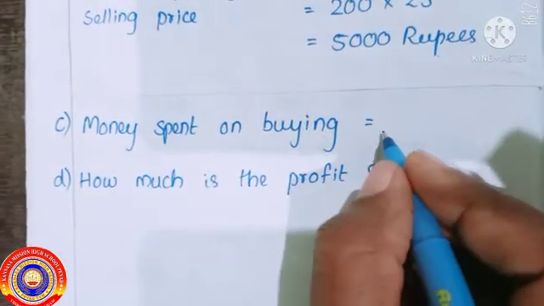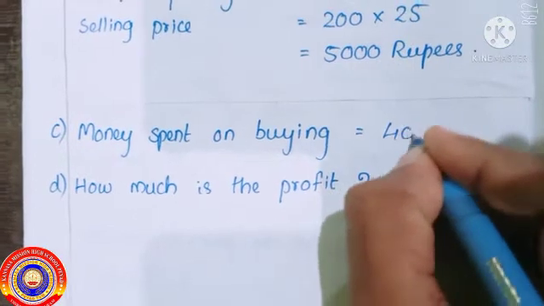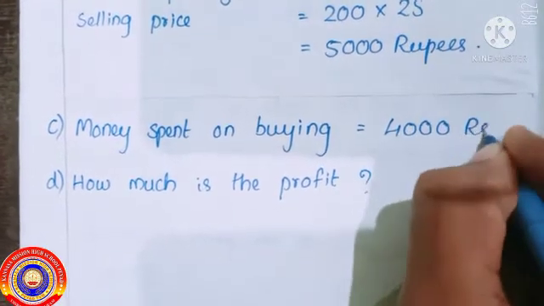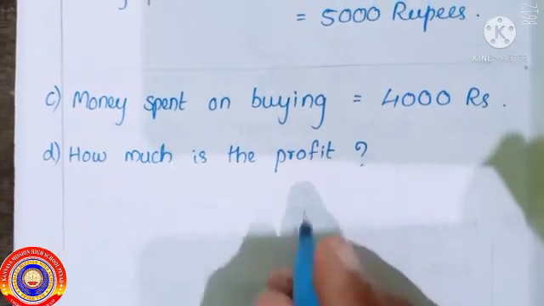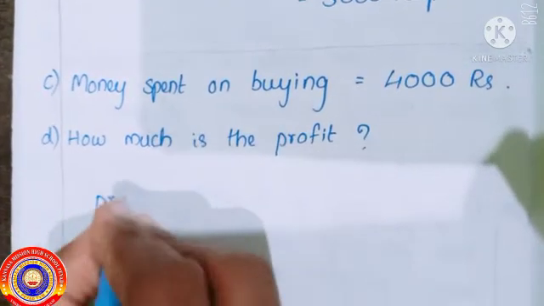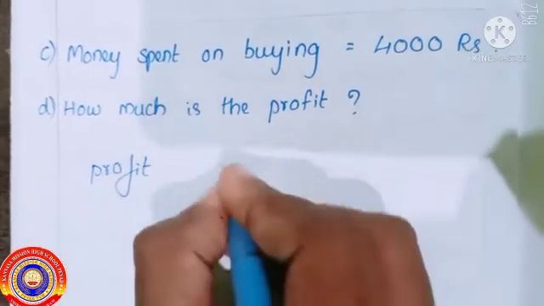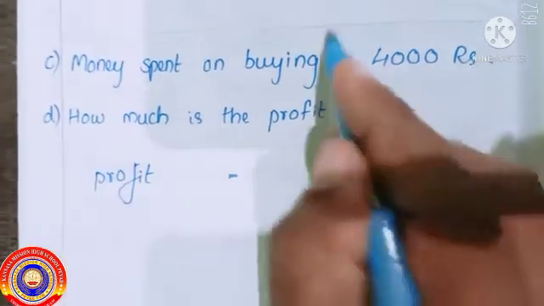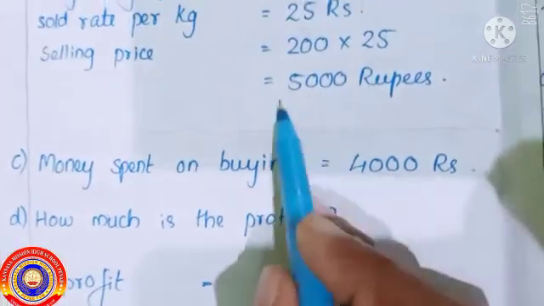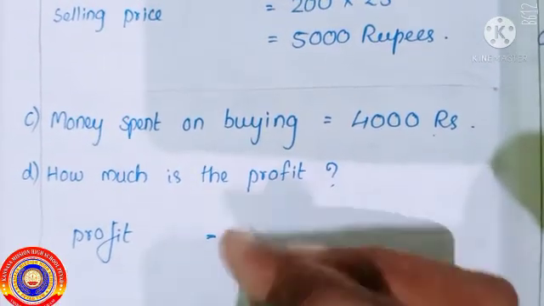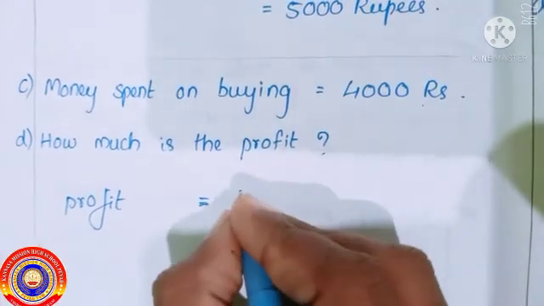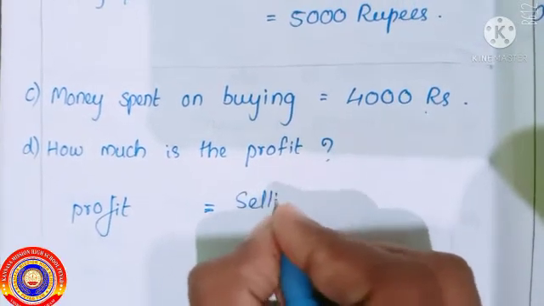Next, money spent on buying. The money he spent for buying is equal to 4,000 rupees. And how much is the profit he got from this? The profit is equal to the amount he sold, that is 5,000 rupees, minus the cost price, that is the money he had spent for buying.